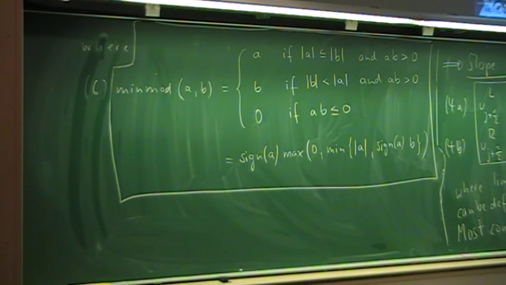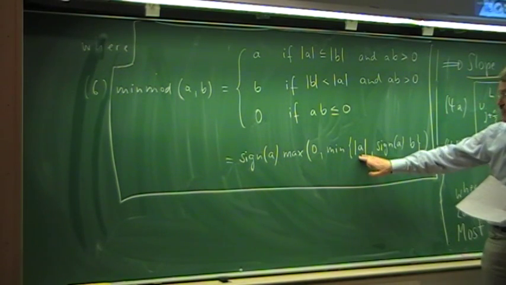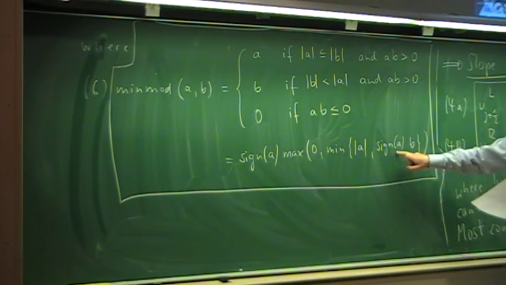Yes? Could you explain the last line again, please? The last one? Yeah. Well, it's just what is above. So if the sign of A is positive, then this here gives just a plus sign. This is the absolute value of A, and this is then just a plus.